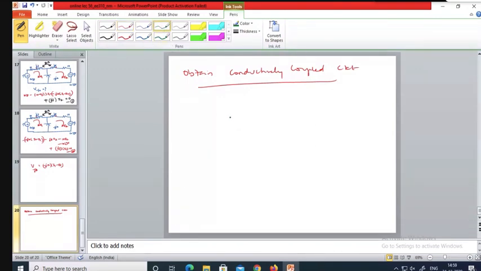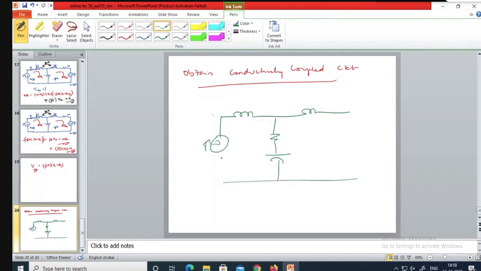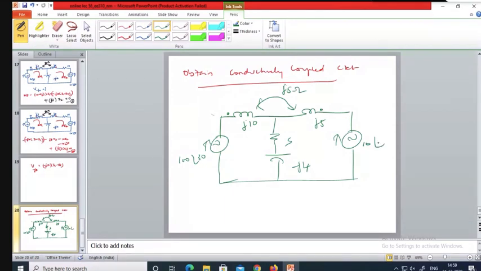So same circuit, you can expect a two mesh circuit. It is marked here and marked here. It is J10, J5, 5 minus J4, and mutual reactance is J5 ohms, and this is 100 angle 30, and it is 10 volts.